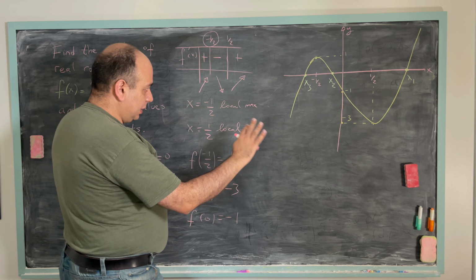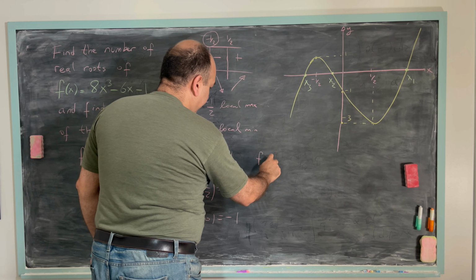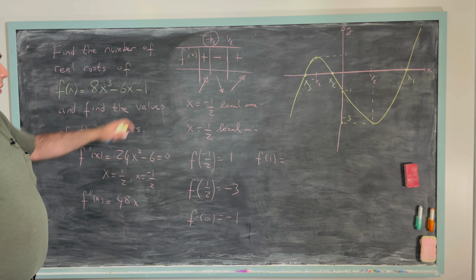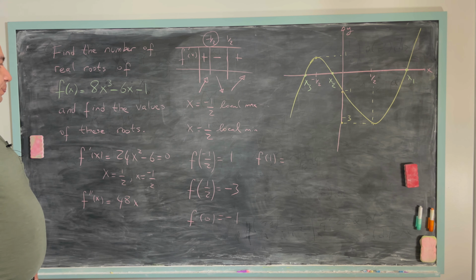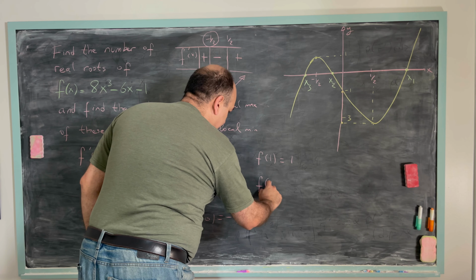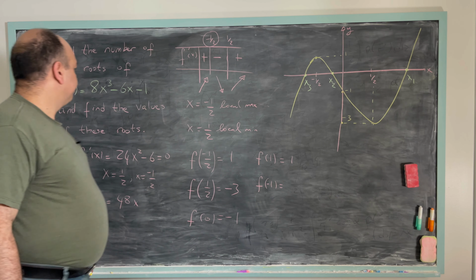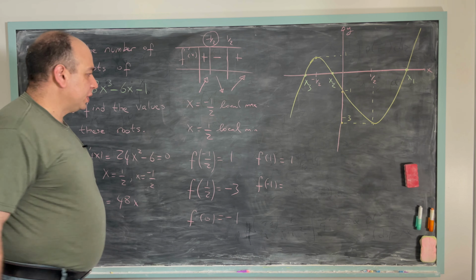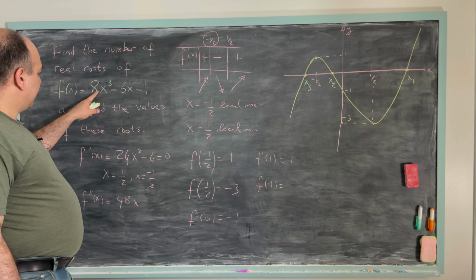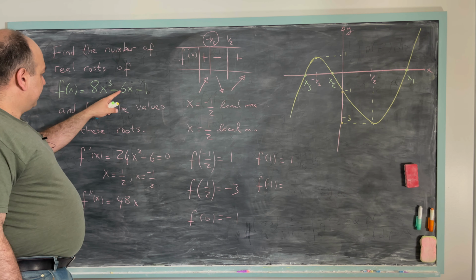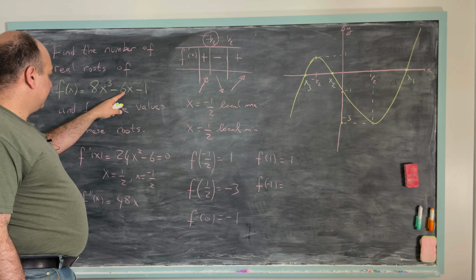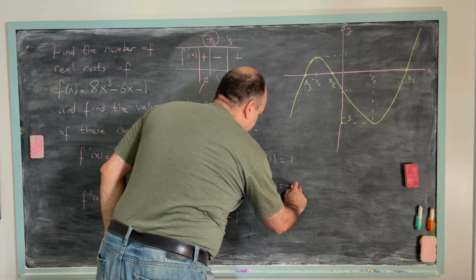So let's look at some of the points. Let's look at f of 1. So what is f of 1? So 8 minus 6 minus 1, right? Which is equal to 1. So f of minus 1 is equal to, we just pick some random points like that. So f of minus 1 is minus 8, right? Plus 6 and minus 3. It's minus 3.